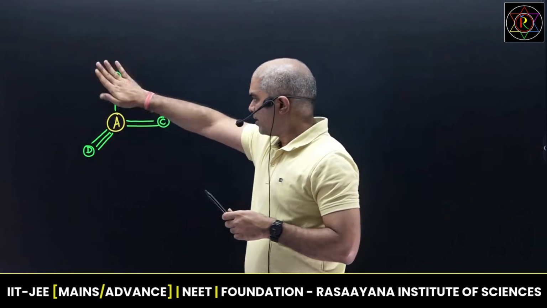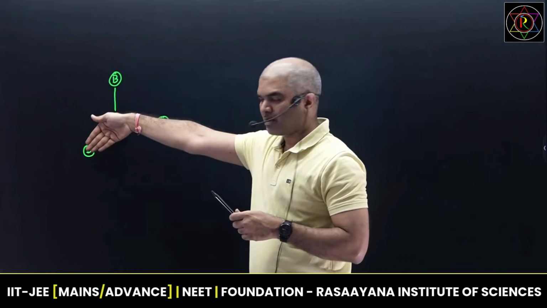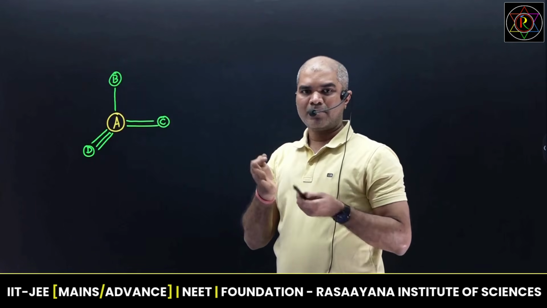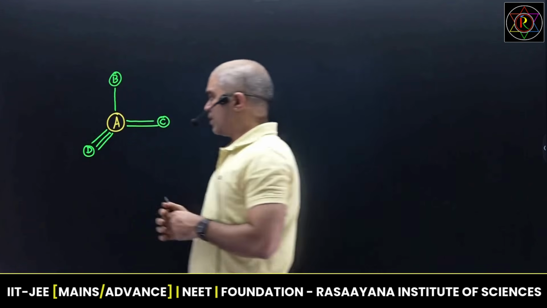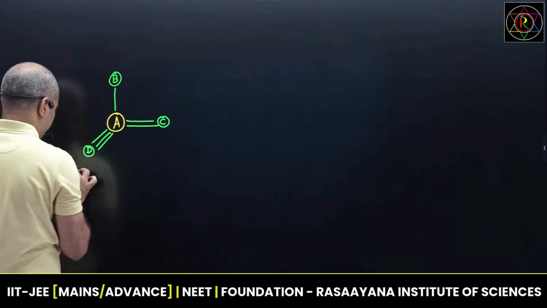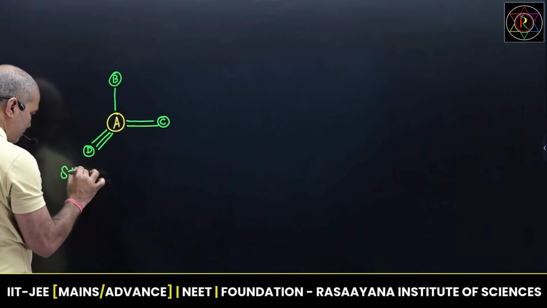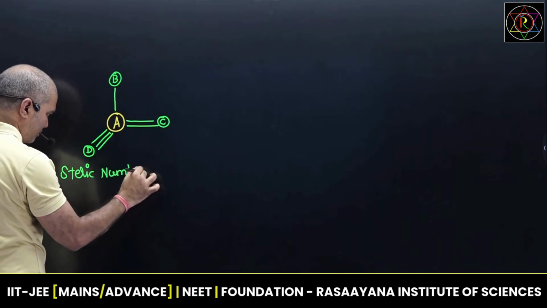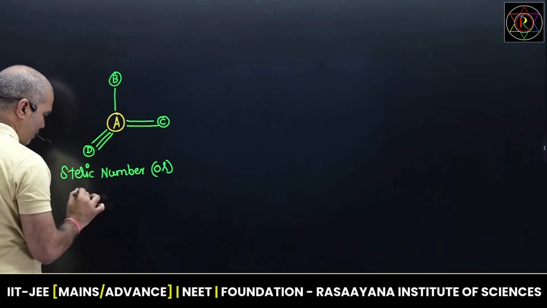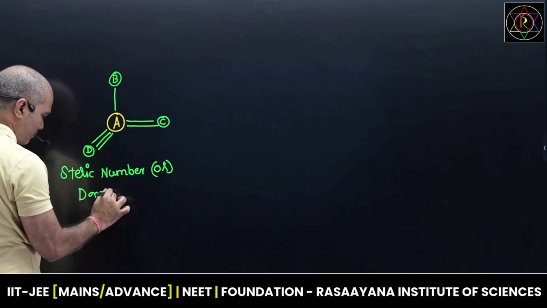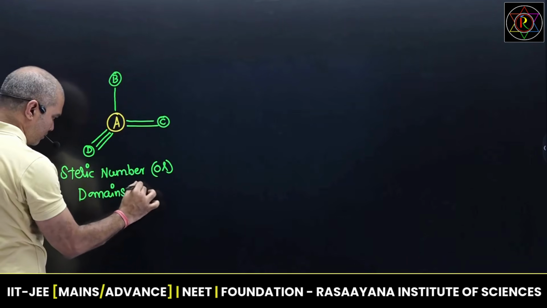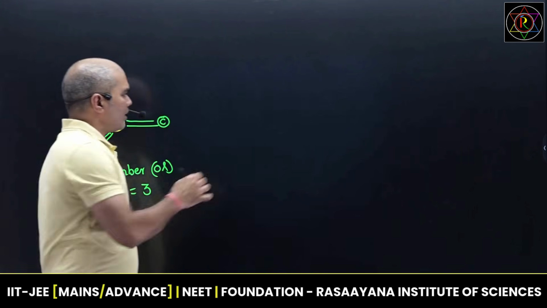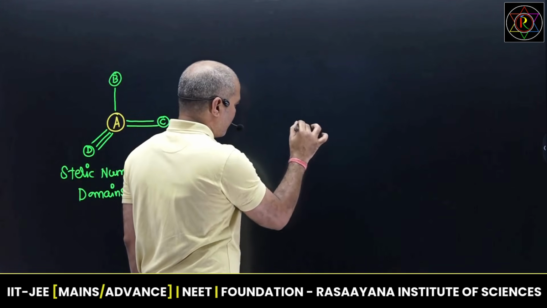This is space 1, space 2 and space 3. So altogether there are 3 domains, or the steric number is 3. So the steric number, or domains, are 3 in number.